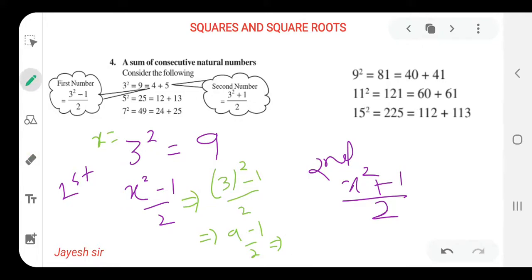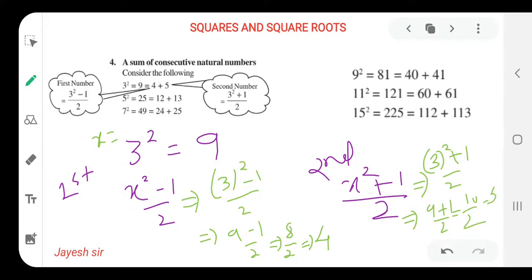I am elaborating so that you can understand properly. Similarly, x square plus 1 by 2, that is 3 square plus 1 by 2, that is 9 plus 1 by 2, that is 10 by 2, which equals 5. So after adding these two consecutive numbers, 4 and 5, we get the result 9.